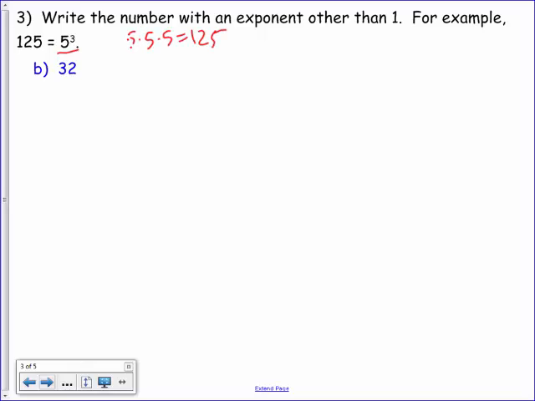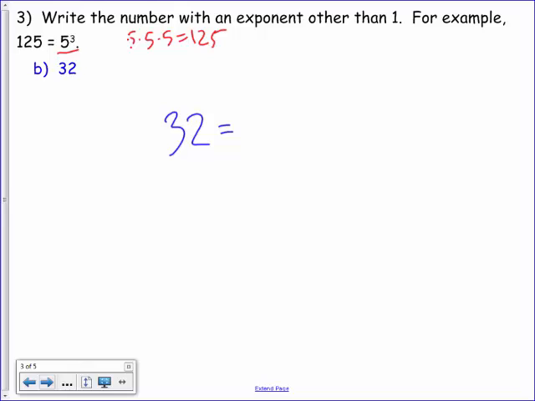So let's think about the number 32. I have 32, and I want to write it as something with an exponent. Well, my best way to think about this, if you have trouble figuring out where to start, is that it's going to be some number times itself. It could be times itself 2 times, or 3 times, or 4 times.